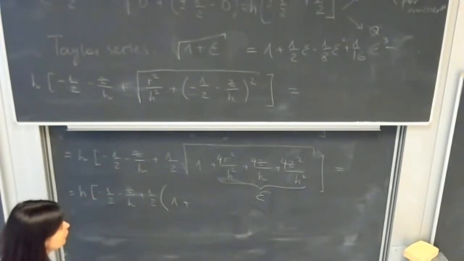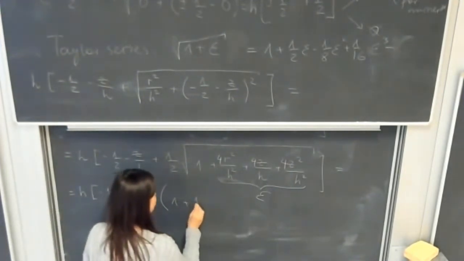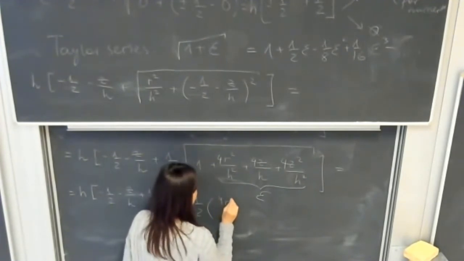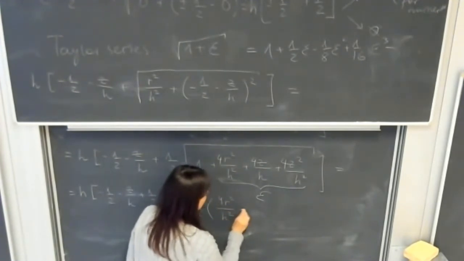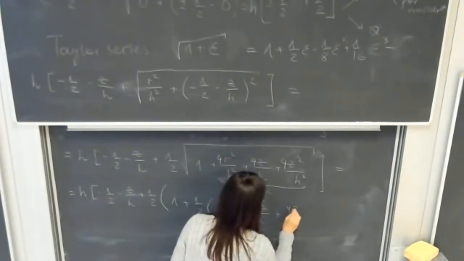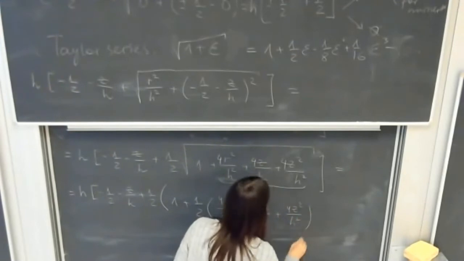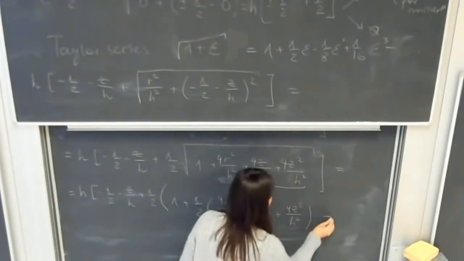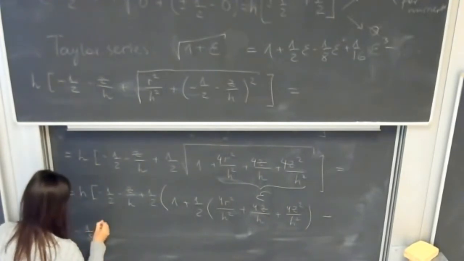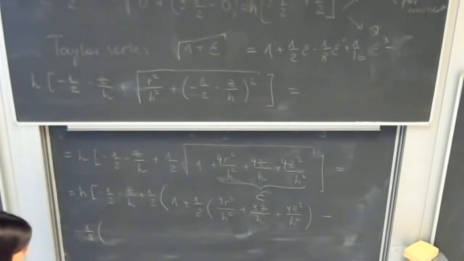The first is 1, then plus half times epsilon. And then minus 1/8 times epsilon squared. So we bring it till the cubic.